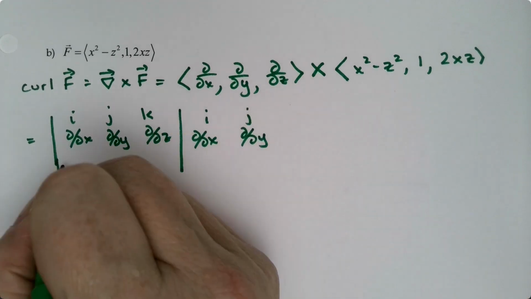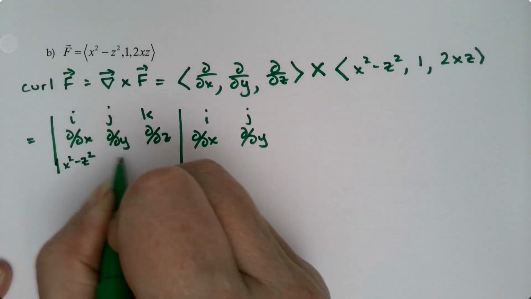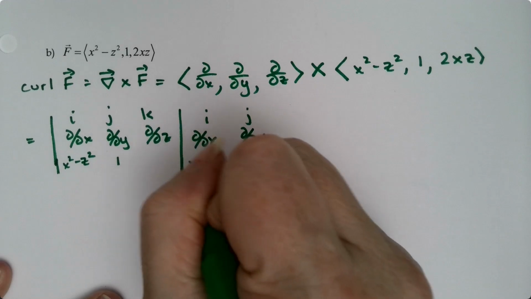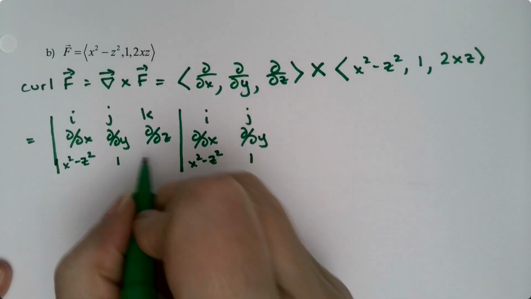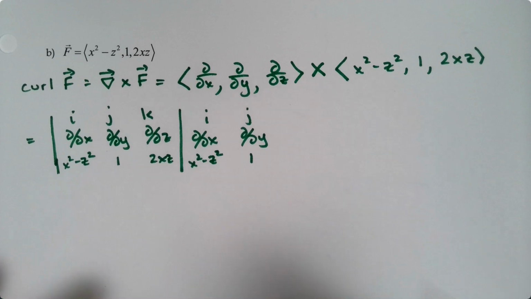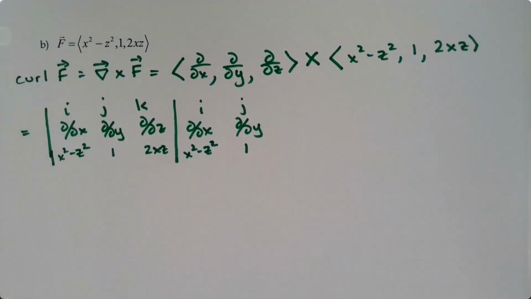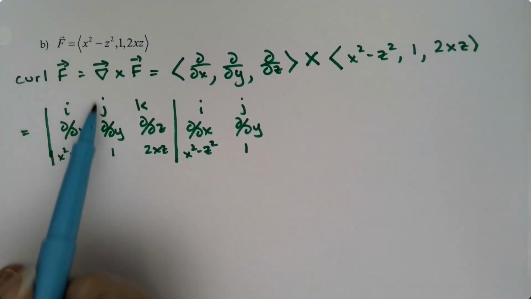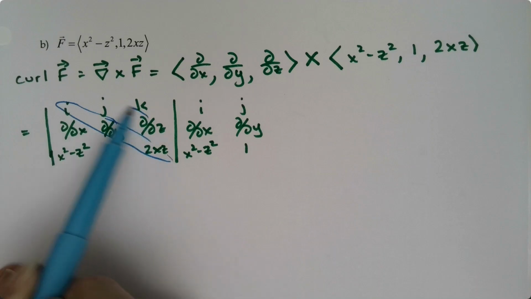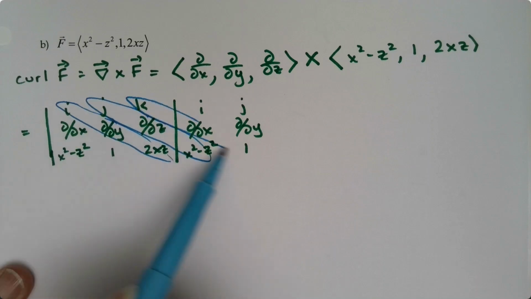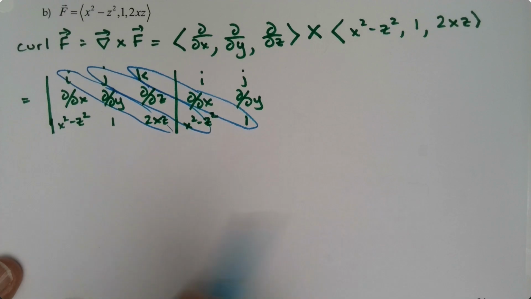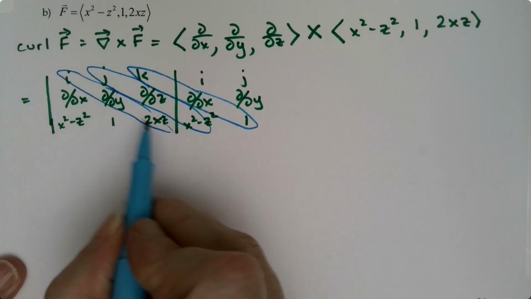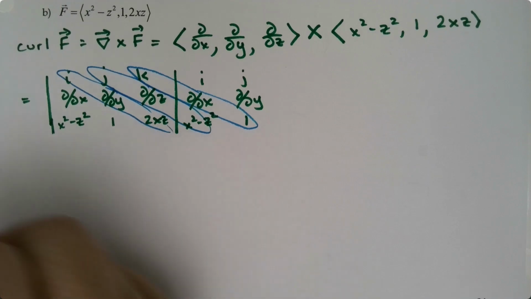All right, the first one's got the most to write. x squared minus z squared. This is just 1. And then this is 2xz. Okay, so let's go in the forward direction. This way, and this way. The derivative with respect to y of 2xz is 0.